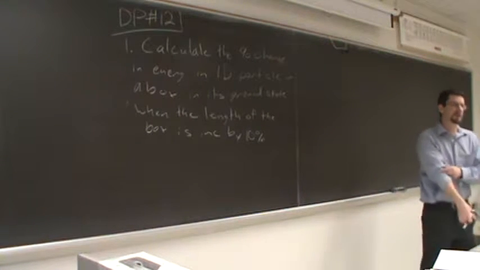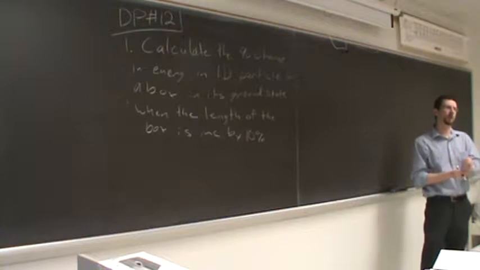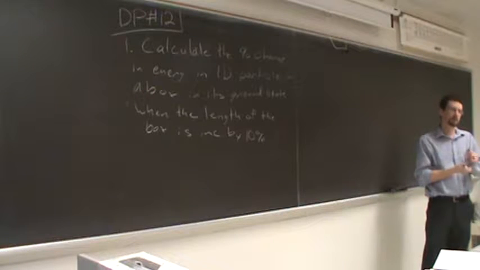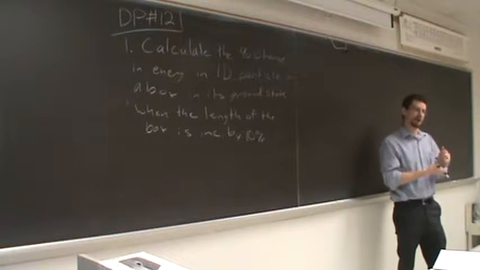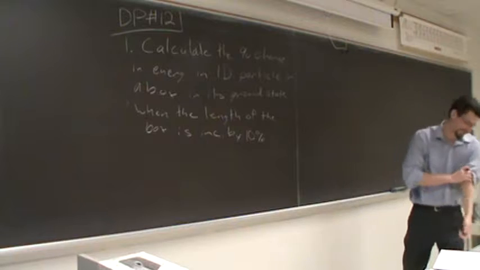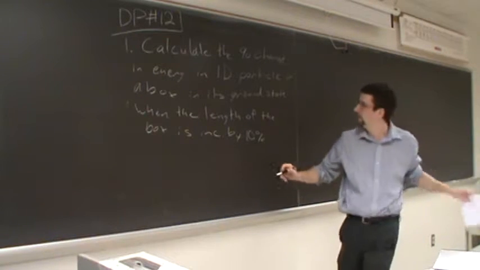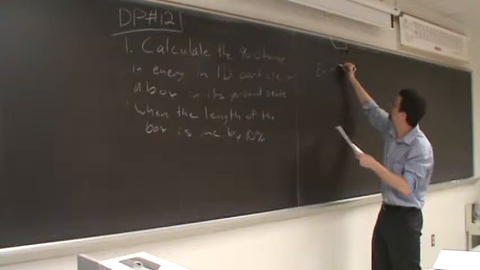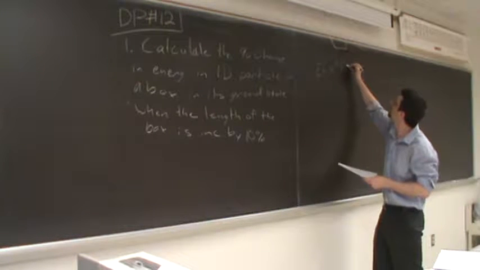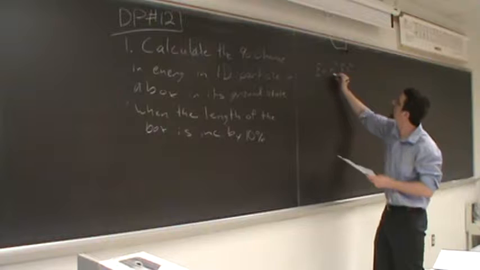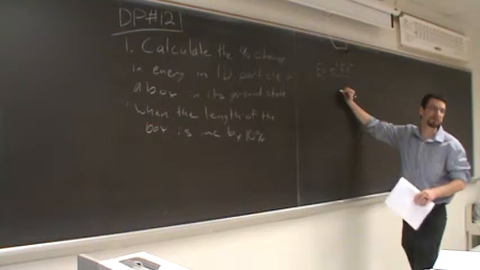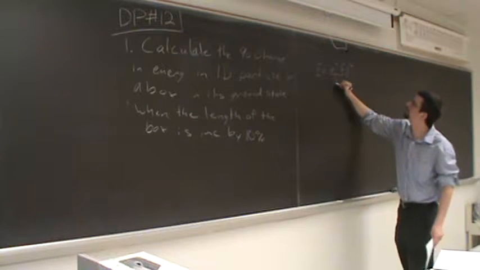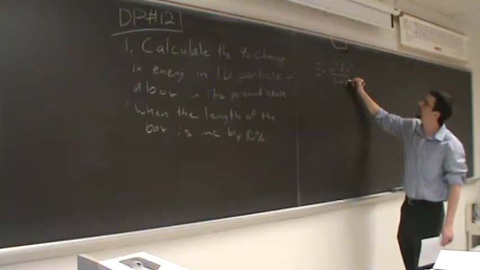Okay, what was the equation for energy for a 1D particle in a box? Particle on a line, depending on who you talk to. So E was equal to what? n squared, yep, h bar squared, pi squared, over 2m a squared.